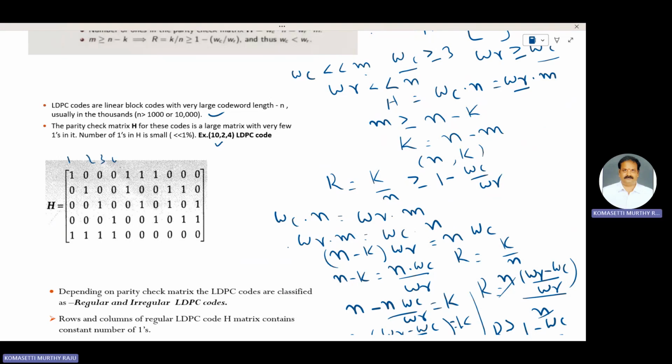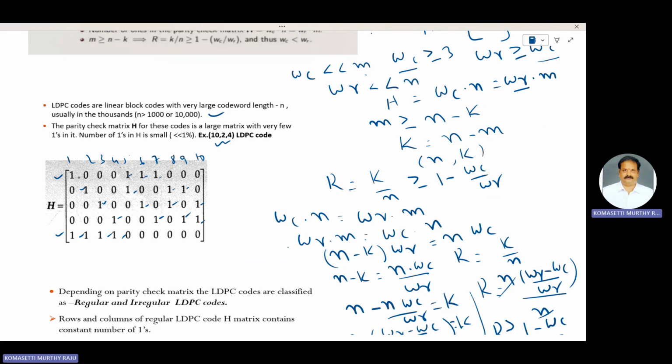Then 2 is the column weight. The number of ones in each column is 2. That is the weight of each column.